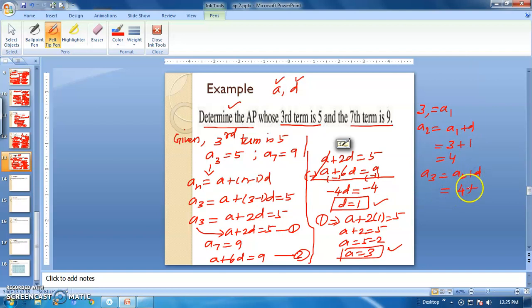We found 4. So 4 plus 1 equal to 5. And what is A4? A4 equal to A3 plus D, that is 5 plus 1 equal to 6. So the required AP is 3, 4, 5, 6, and so on. This is the required AP for the given information.